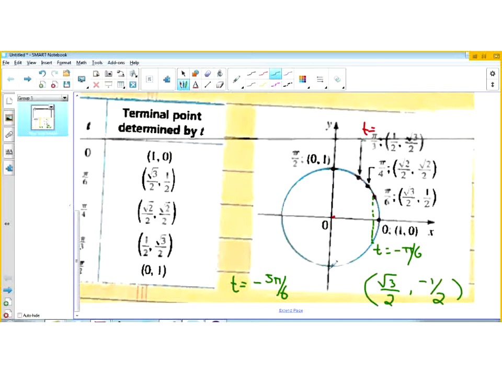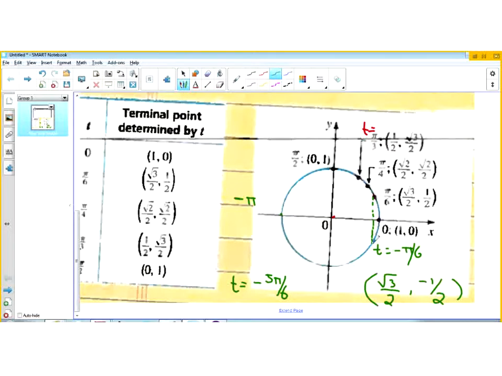Now, how about -5 pi over 6? So that would basically equal to what? Right here, this point is -pi, if we go clockwise. Let's see how we can work this.